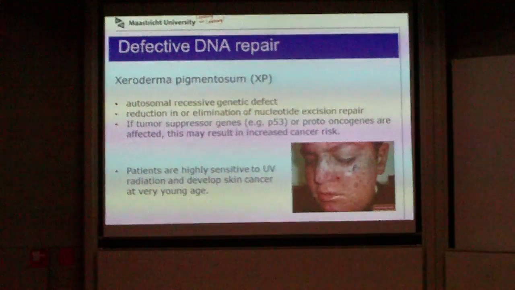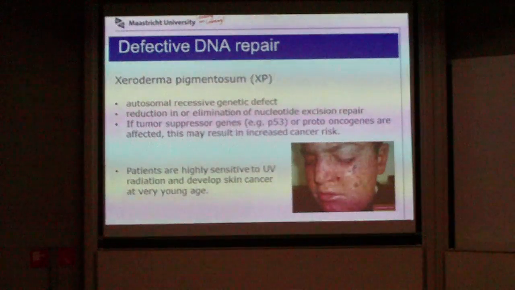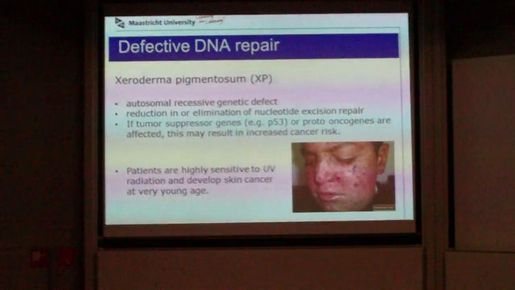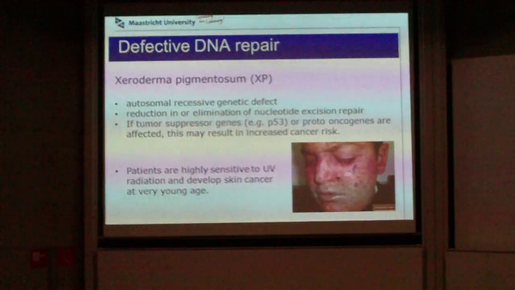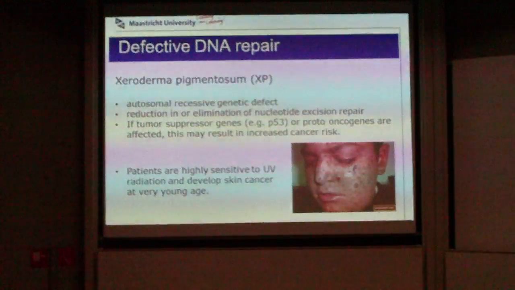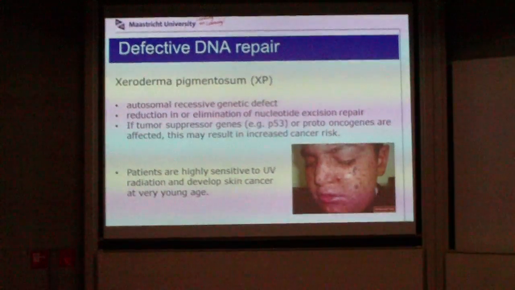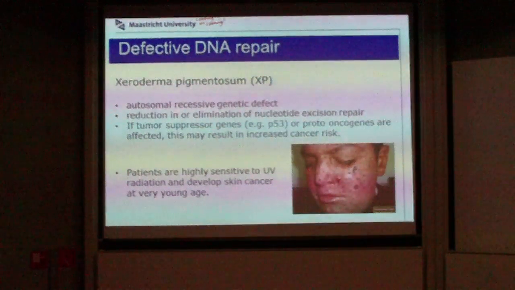So this emphasizes what I already said. We are damaged continuously by chemicals, by radiation, cosmic radiation. And we have developed a system of DNA repair that is very efficient. And if you go out on a day like yesterday, you get millions of DNA mutations.